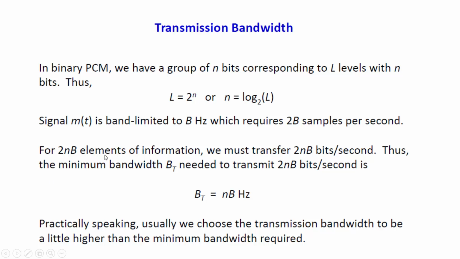The discovery was that the signal is band limited to B, which requires 2B samples per second, and he was trying to estimate what is the achievable transmission rate.